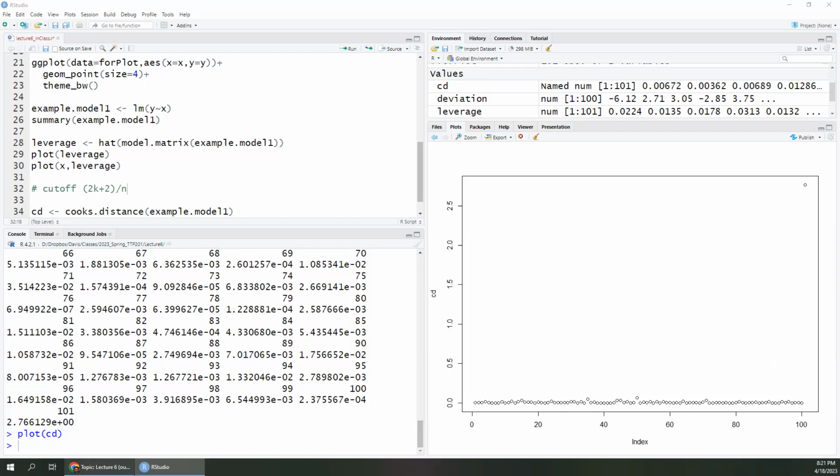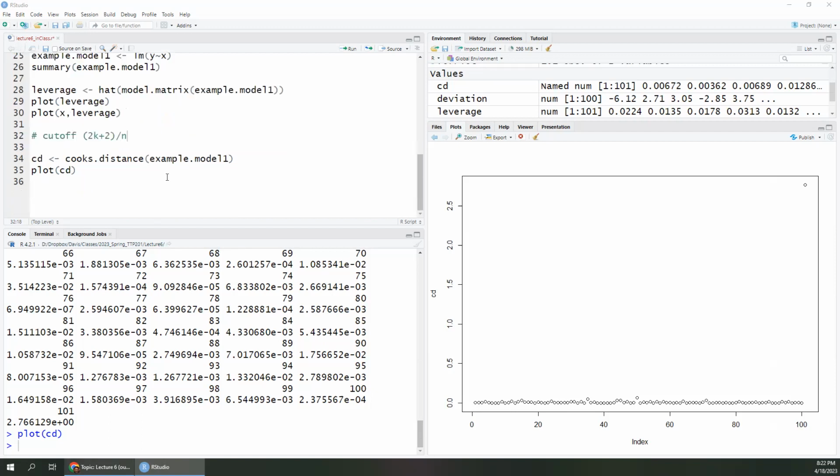And for Cook's distance, there is a similar cutoff. So this would be for leverage. For Cook's distance, one cutoff that you can use is 4 divided by n. These are not hard and fast rules.